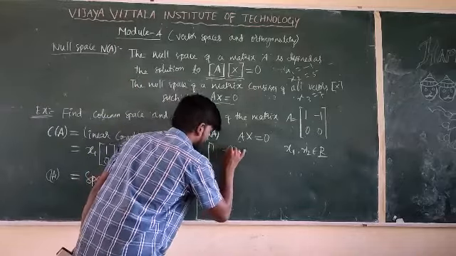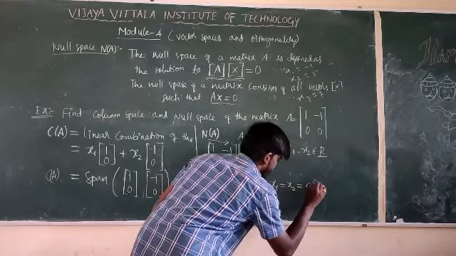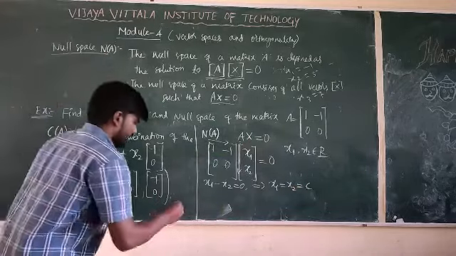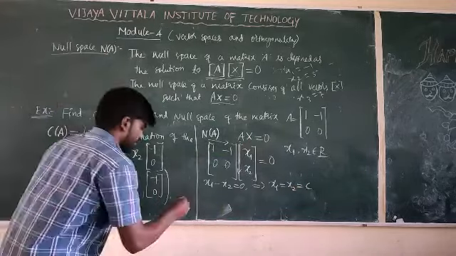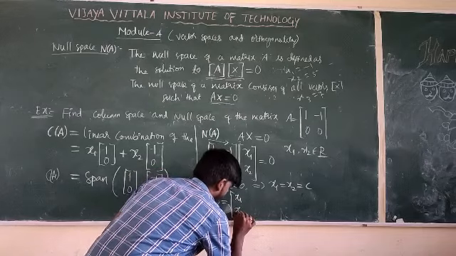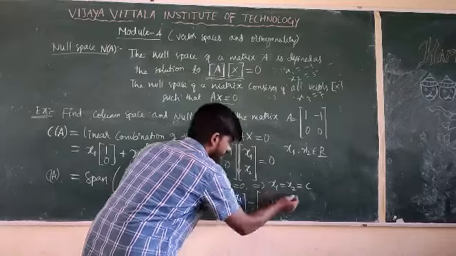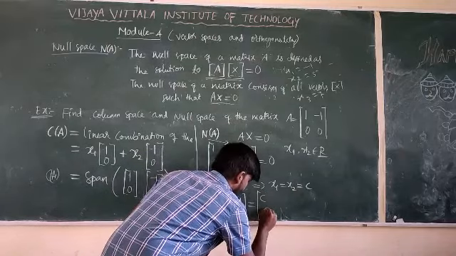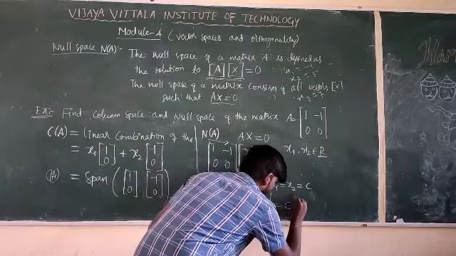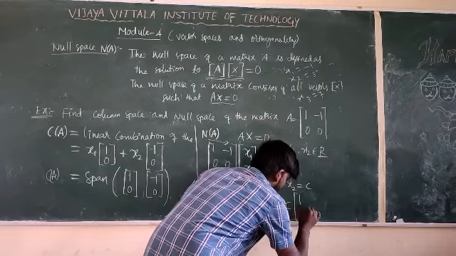Here x1 equals x2, which is equal to some constant c. Therefore the null space N of A is the column vector containing x1, x2, which is c, c, equal to c into the column vector containing 1, 1.